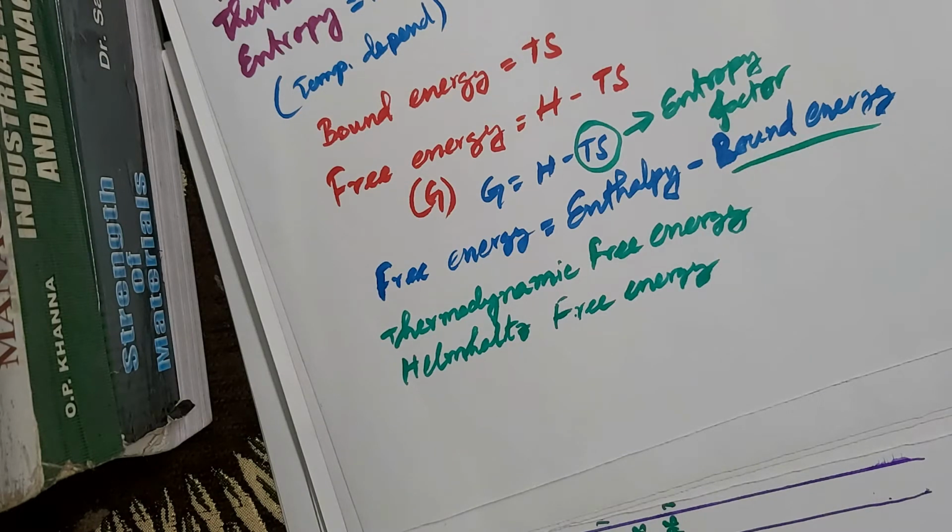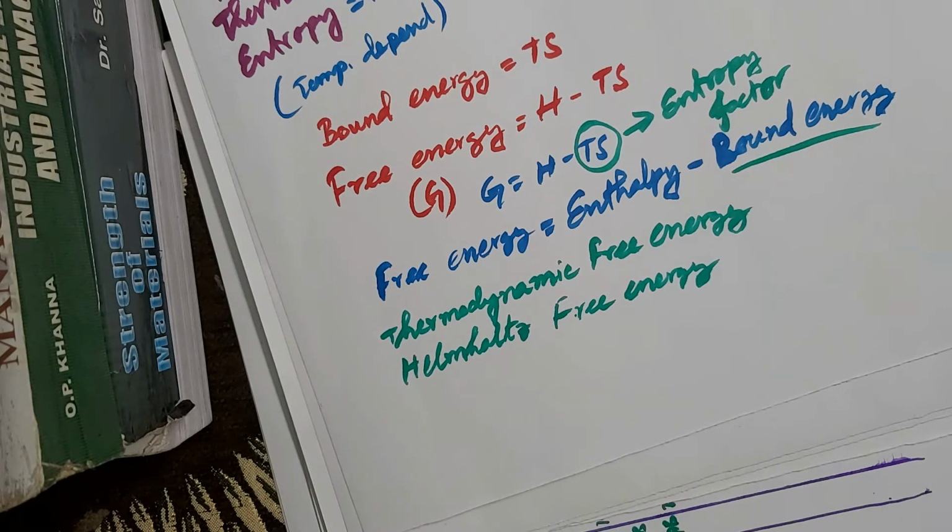At a constant temperature and volume, this is called Helmholtz free energy. If we have a similar type of physical system, and the energy can be converted into work at a constant temperature and volume, this type of free energy is called Helmholtz free energy.